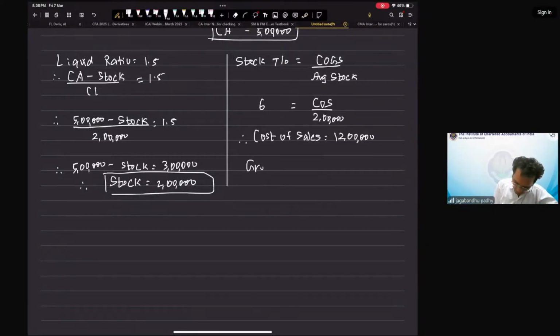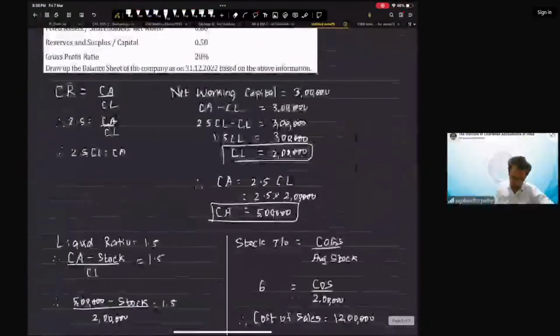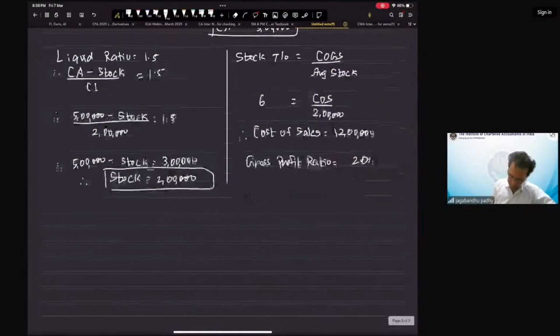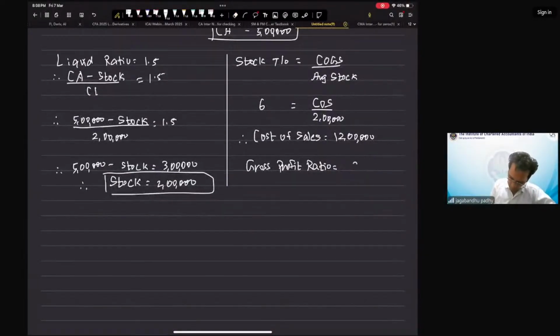So we know the gross profit ratio is 20%.